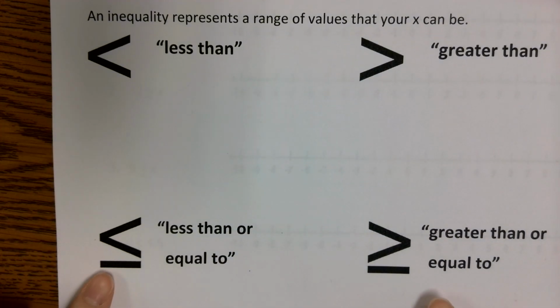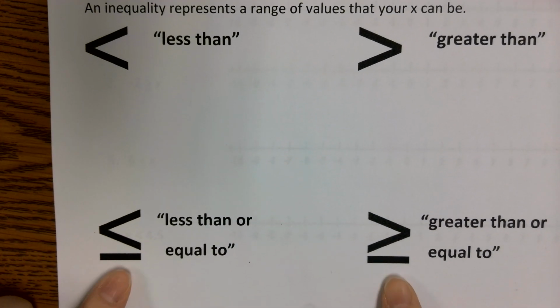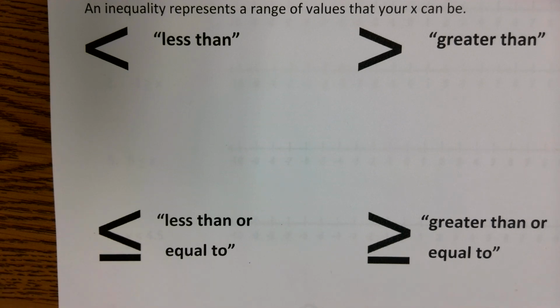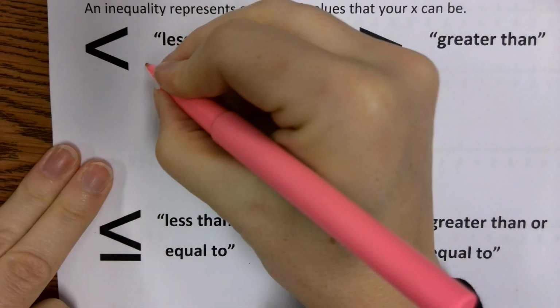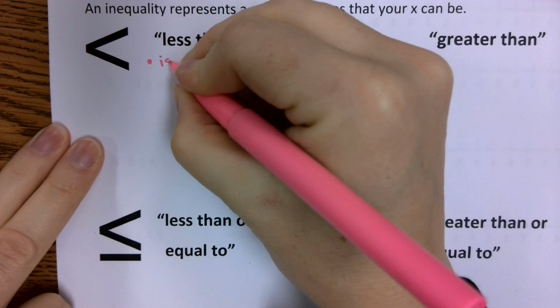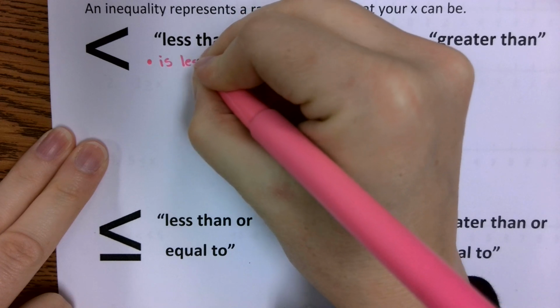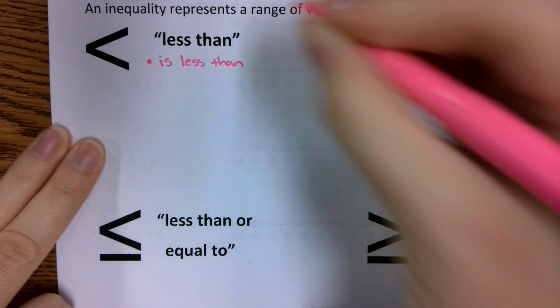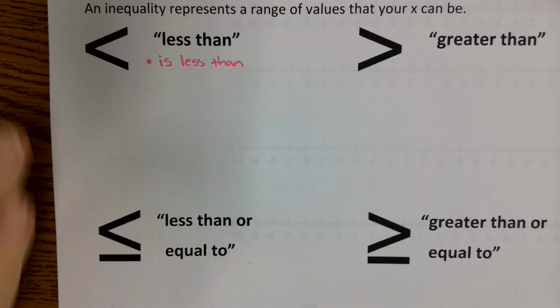Then you've got the less than or equal to and greater than or equal to, which just has the line underneath it representing an equal sign's value. So it's combining an inequality and an equal sign together. So some of the terminologies that we utilize for less than, obviously you know the basic one. If they say it is less than, then that's obviously a less than symbol.